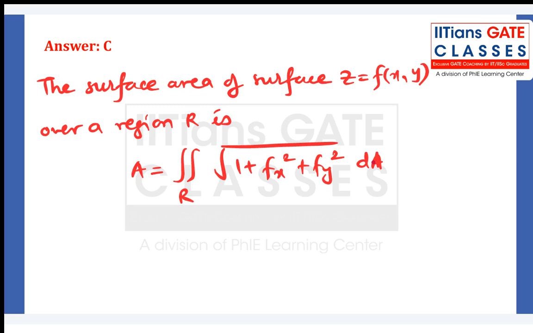Here fx is the first partial derivative of this function with respect to x, and fy with respect to y. Since this is a formula, it has to come from somewhere, right?